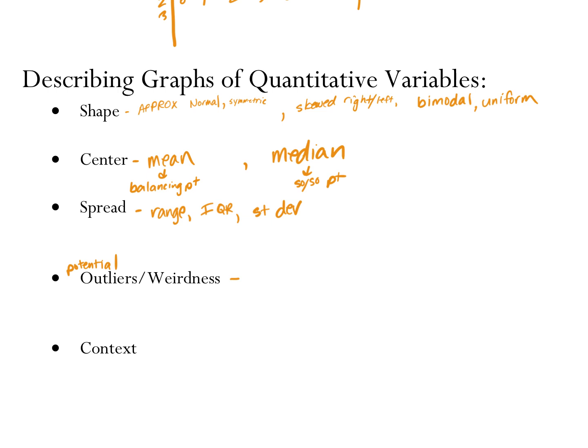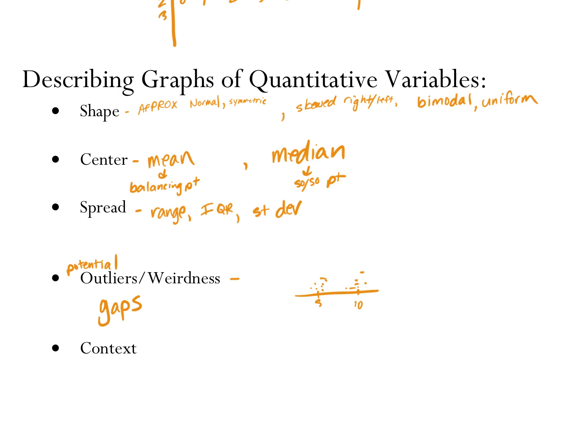Some other weirdness you might address are gaps, where you might have a graph that looks like this. Okay, let's say I gave you this dot plot and asked you to describe what you see. You would say bimodal.